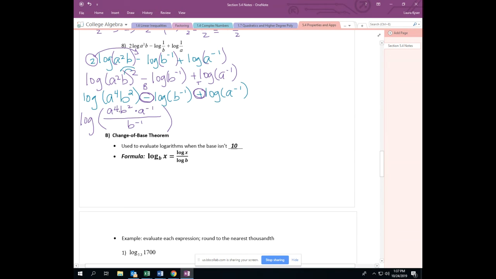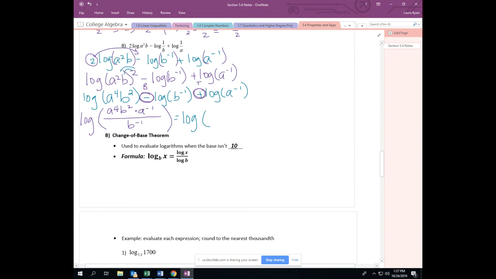And now we've got this hideous looking expression with a's and b's in it, all of which can be simplified in some way. First of all, I have a to the 4th and a to the negative 1 on the top in the same line. That means we're going to use the product rule, and the product rule says that when you have the same base and the operation is multiplication, you add the powers.